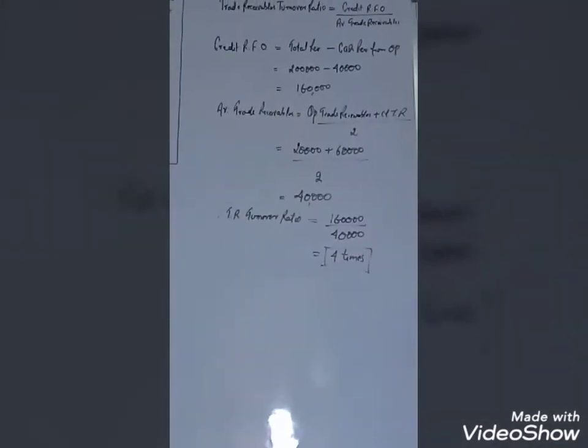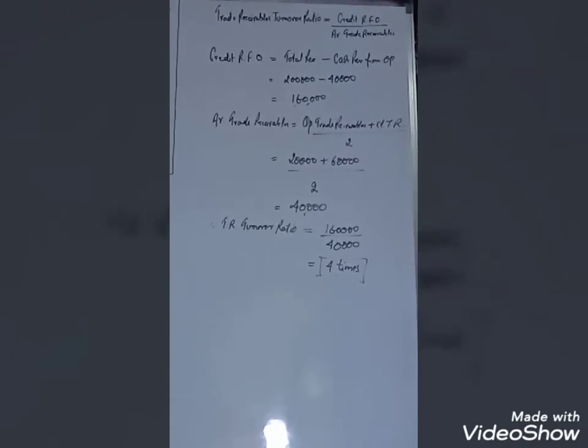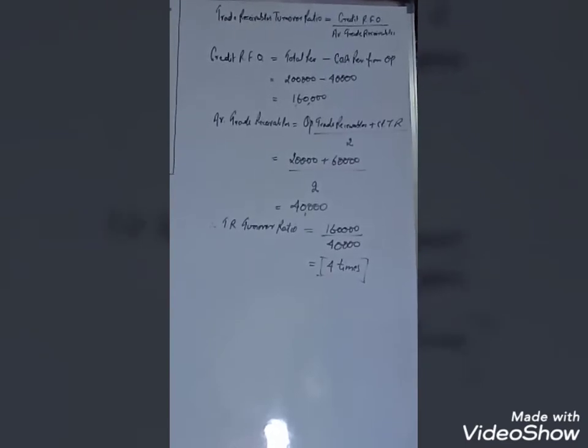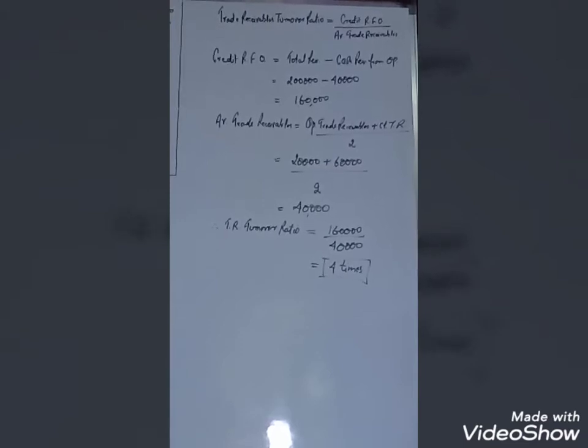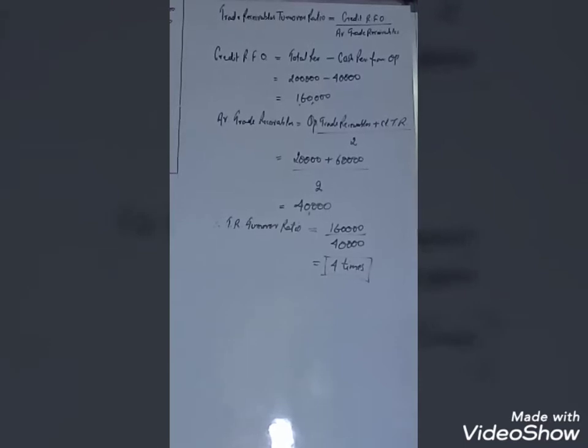Trade receivables turnover ratio can also be converted into number of days or months within which the cash is collected from trade receivables. It is calculated by finding average collection period or average age of receivables.